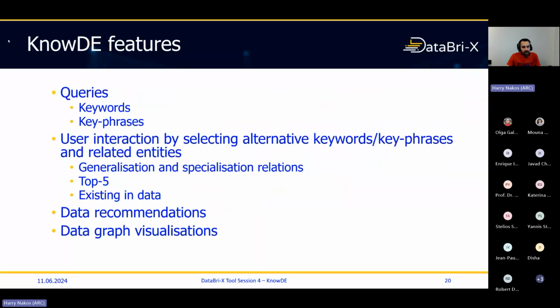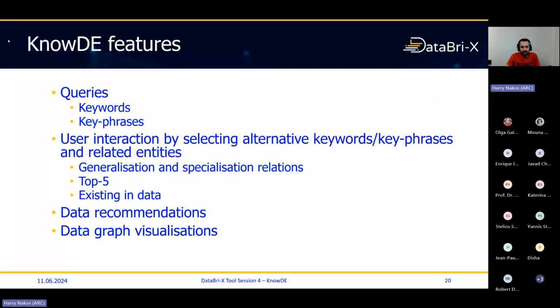And the relations supported are general, more general, and more specialized terms of what the initial keywords and key phrases were. We focus on the top 5 terms for each keyword or key phrase.